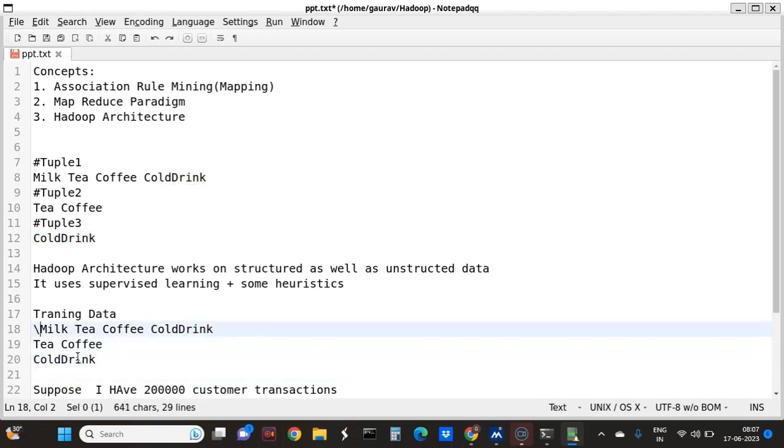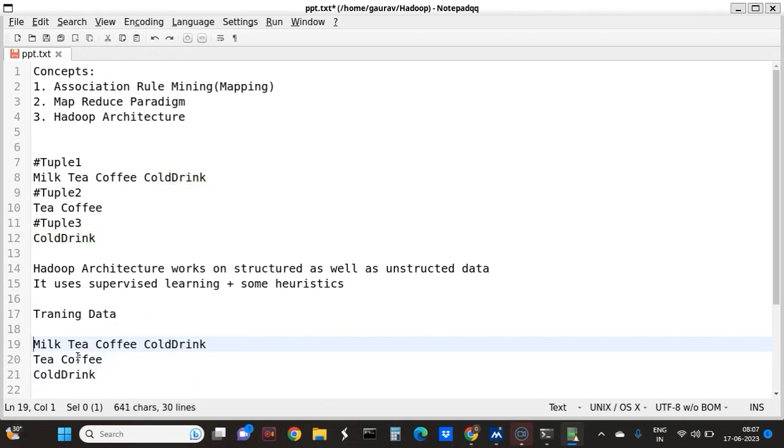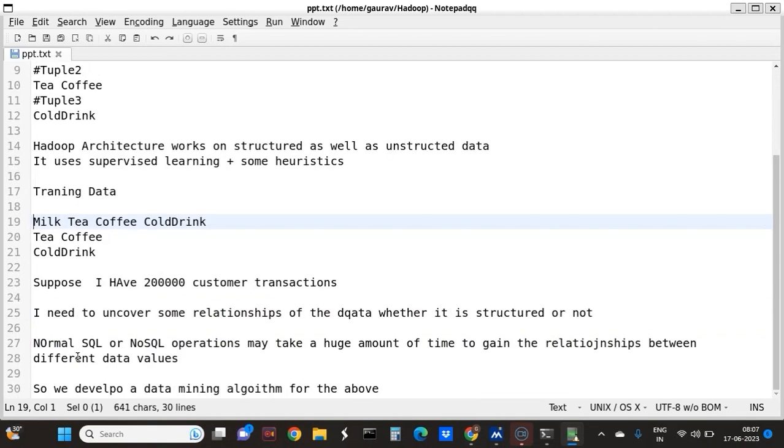This training data is stored in a file, and using Java file handling we import the training data. So this is our raw input data.